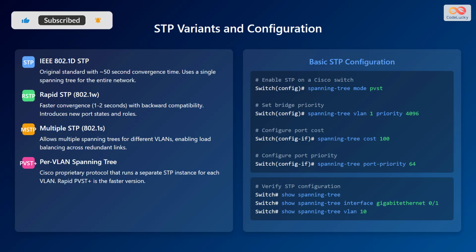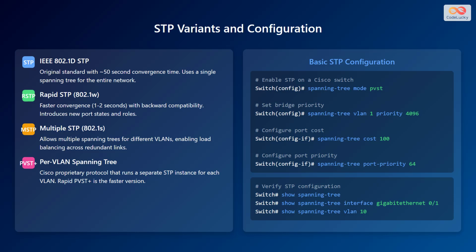Multiple STP is 802.1s. It allows multiple spanning trees for different virtual LANs, also known as VLANs, enabling load balancing across redundant links. Per VLAN spanning tree is a Cisco proprietary protocol that runs a separate STP instance for each VLAN. Rapid PVST Plus is the faster version.